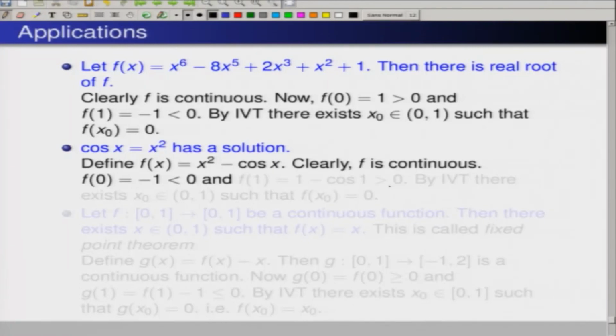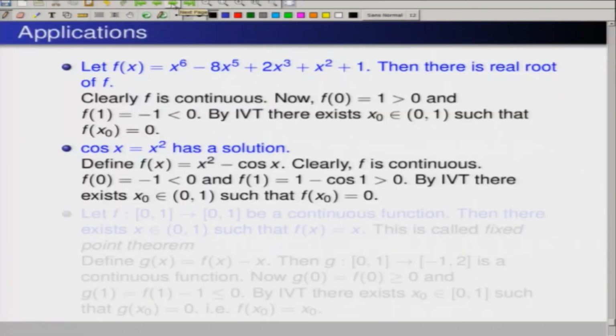This is a continuous function, being a polynomial minus a trigonometric function. Now, f of 0 is negative 1 and f of 1 is positive. So, the intermediate value theorem will tell you that there will be a point where it is equal to 0.